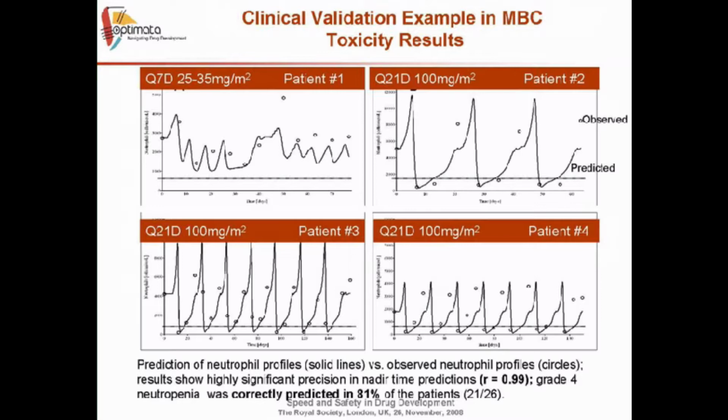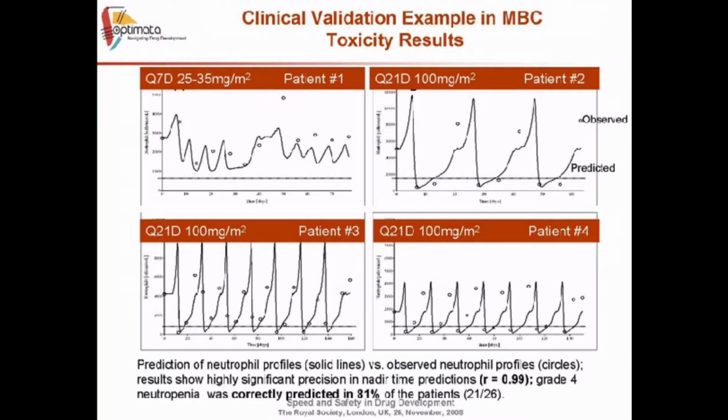And focus on the nadir, which was our target, and appreciate how precise both the level of the nadir as well as the timing of the nadir is. And recall that it's a different patient population than the one that was represented in the model.